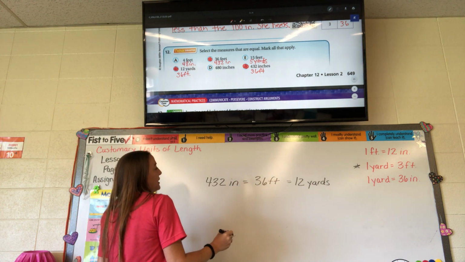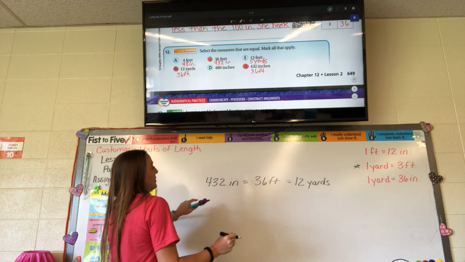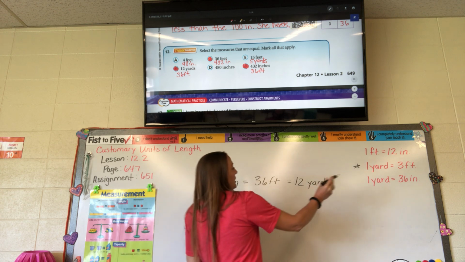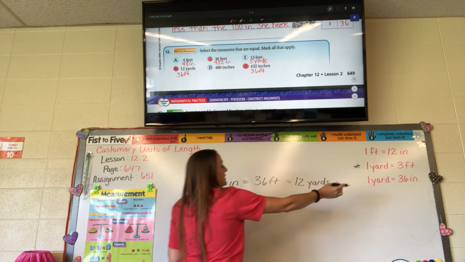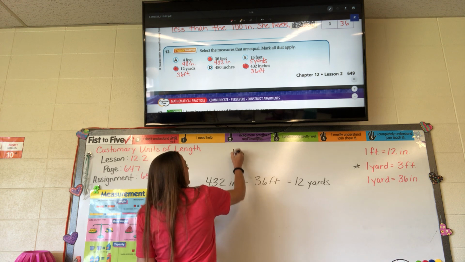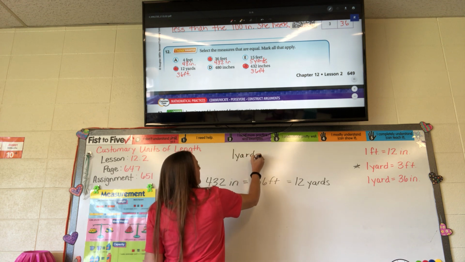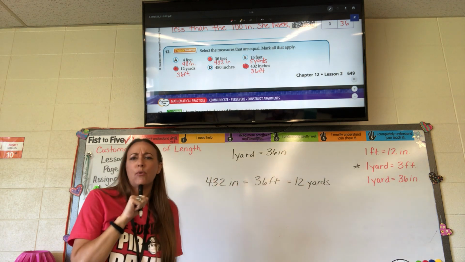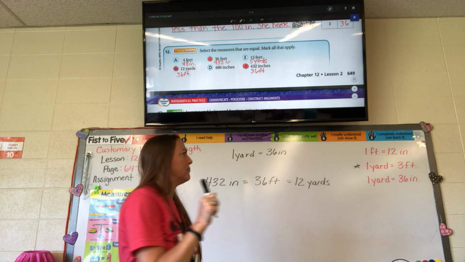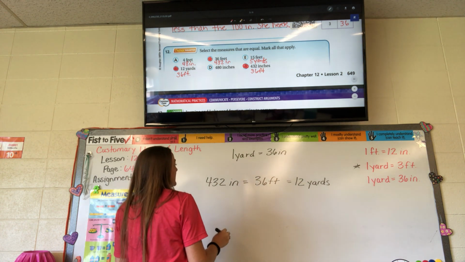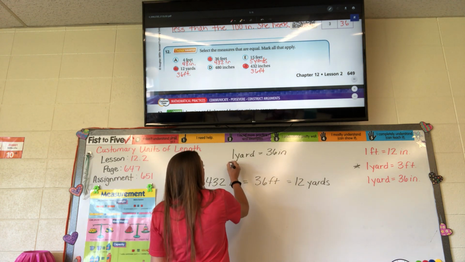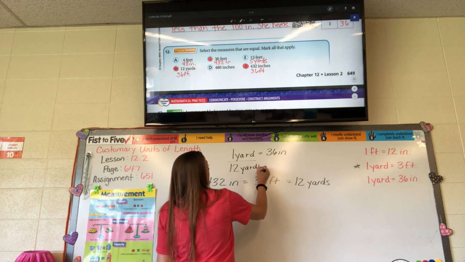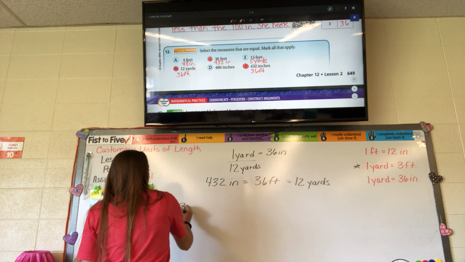So when you are going from yards to inches, so in 1 yard, there are 36 inches. I think a second ago I put 12, so that's why I was getting mixed up. Okay, so in 1 yard there's 36 inches. So if we have 12 yards, we're going to have to multiply 12 by 36. And that's what we did.